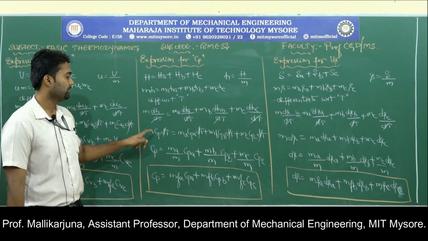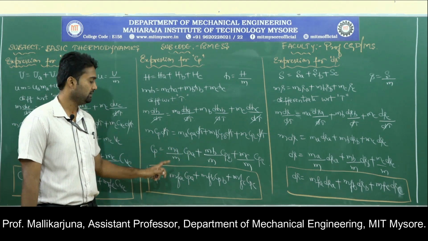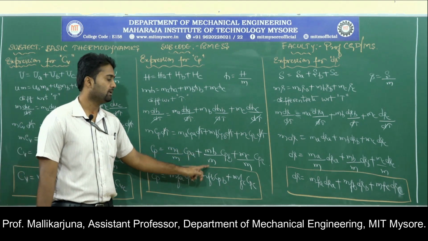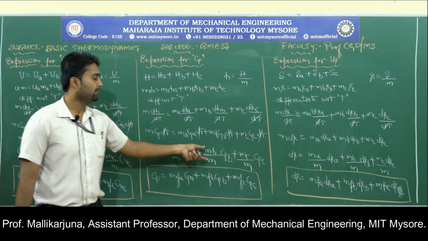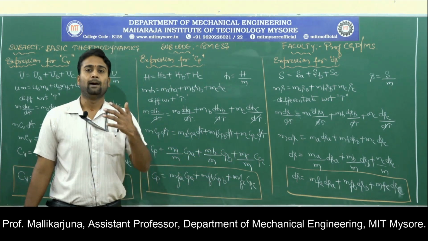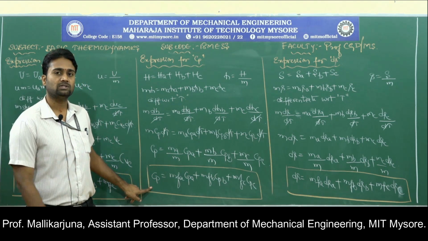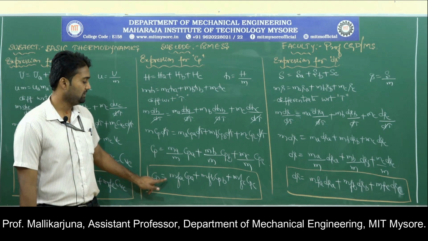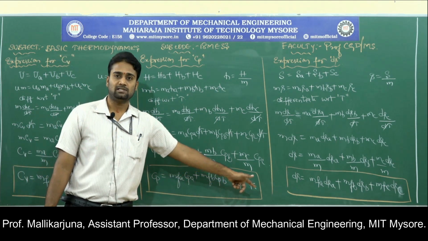I will be left with Cp, which is equal to MA. I will send this M onto the right hand side: MA by M Cpa plus MB by M Cpb plus MC by M Cpc. Now, MA by M, MB by M, MC by M are nothing but the mass fractions of the individual constituent gases. So your final equation for Cp becomes Cp is equal to MFA Cpa plus MFB Cpb plus MFC Cpc.